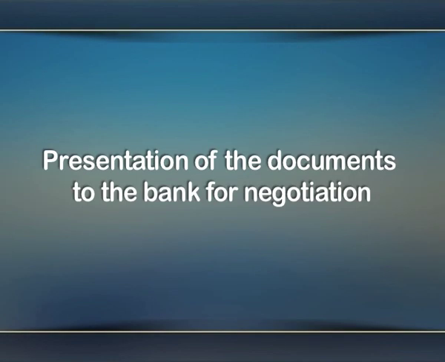Presentation of the documents to the bank for negotiation. Submission of relevant documents to the bank and the process of getting the payment from the bank is called negotiation of the documents, and the documents are called negotiable sets of documents.